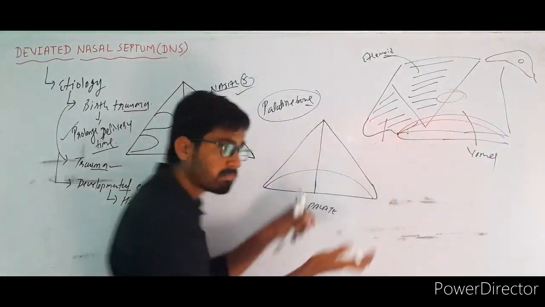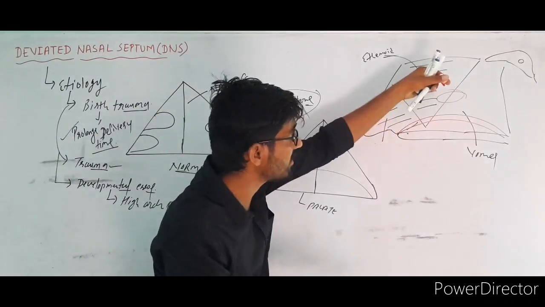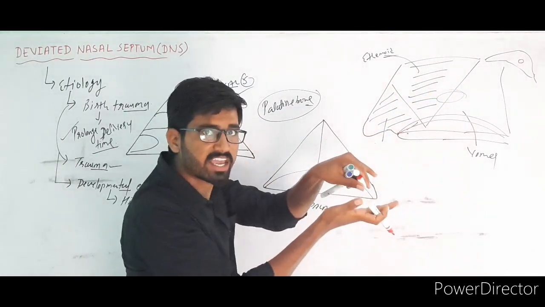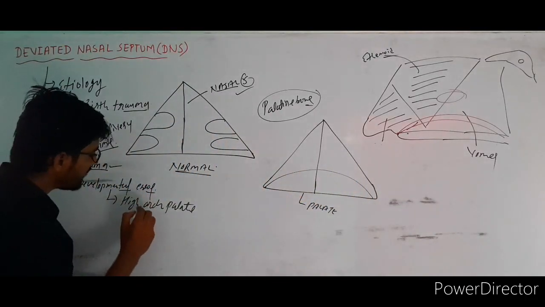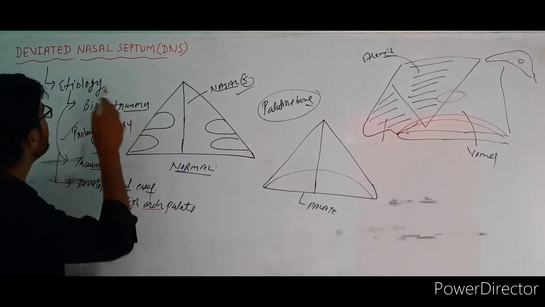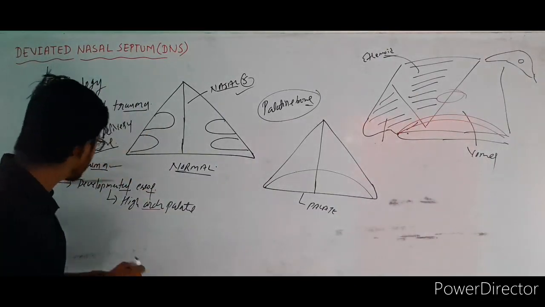This structure will be compressed, and it is going to deviate. So developmental error, high arch palate, will lead to a deviated nasal septum. Next cause is what?